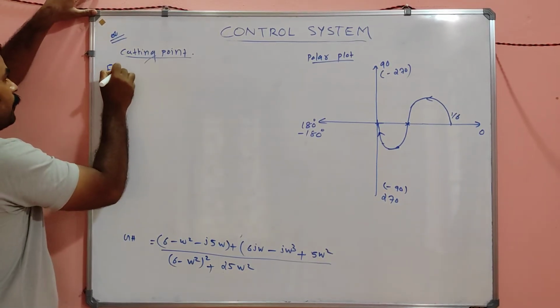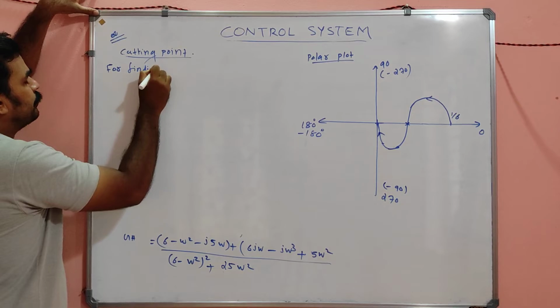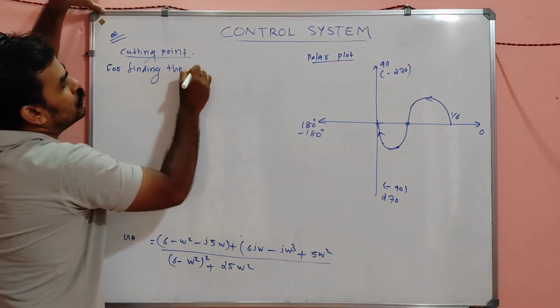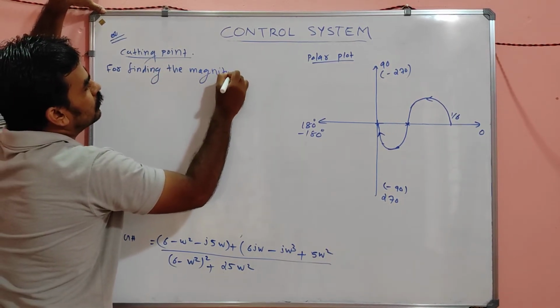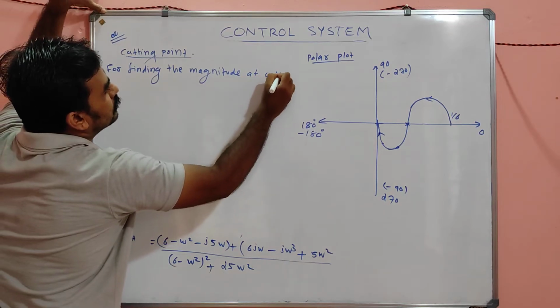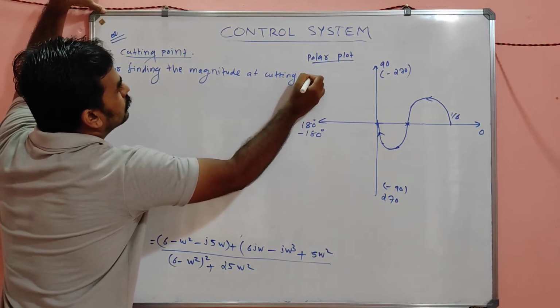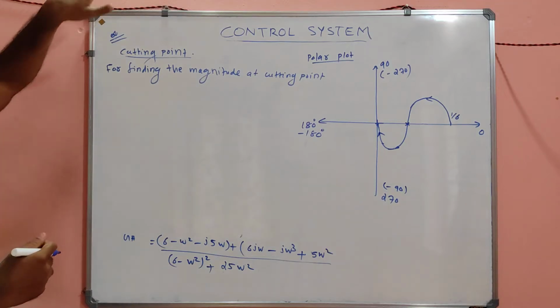For finding the magnitude at the cutting point, what do we have to do?